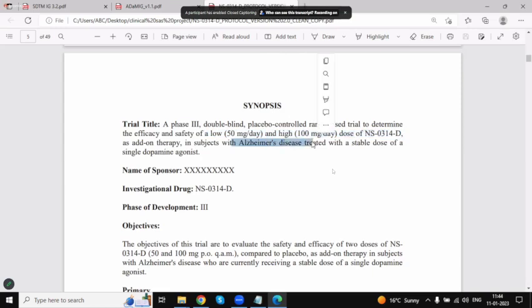For Alzheimer's disease, they are testing some 50 mg and 100 mg tablet. Okay. Next, sponsor name, investigational drug, the drug name, phase of development. This is the third phase.